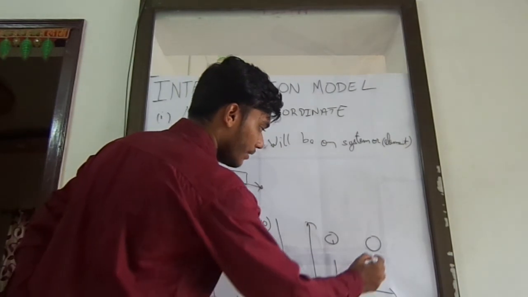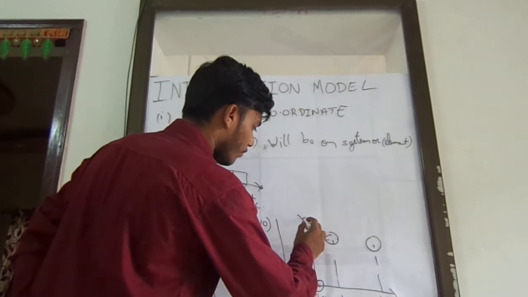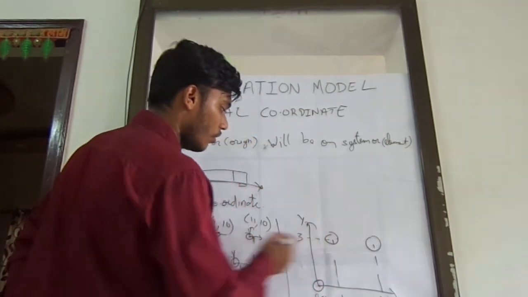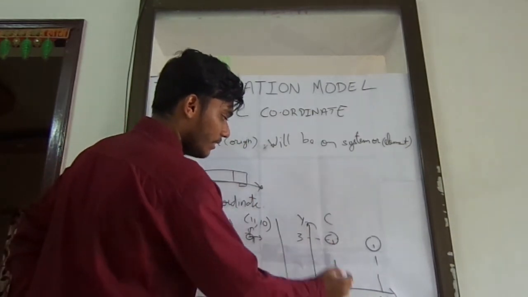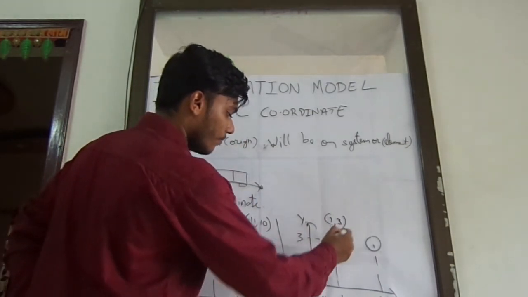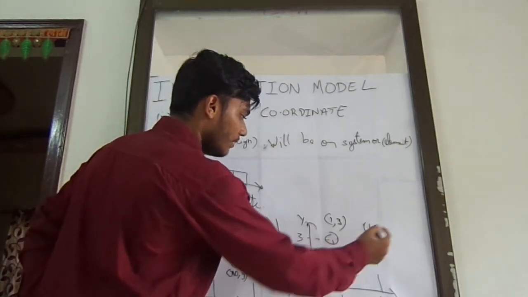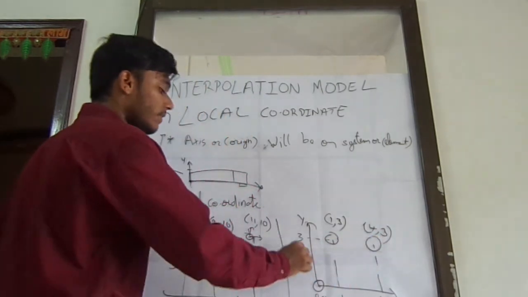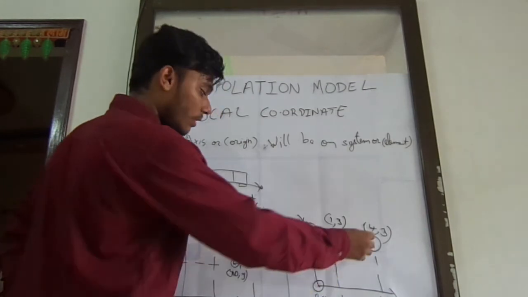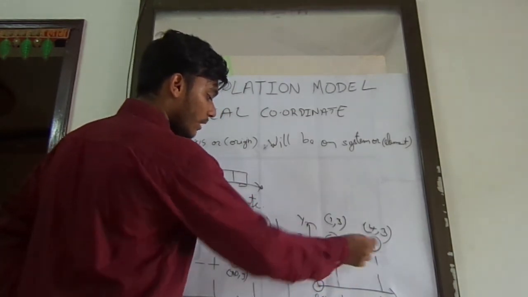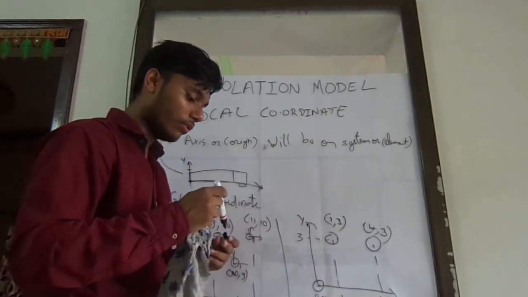Let's say this is at x equal to 1, this is at x equal to 4, and this is at y equal to 3. What will be the coordinate of this 0, 0? The coordinate of this will be x is 1, y is 3, and the coordinate of this x is 4 and y is 3, right? Now in this the axis is on one element, but if you consider all three elements, for these two elements the axis is away. So this is also an example of global coordinates.